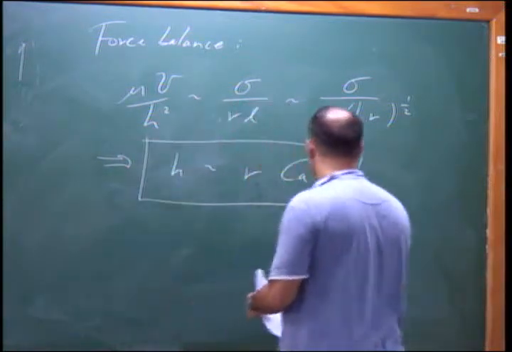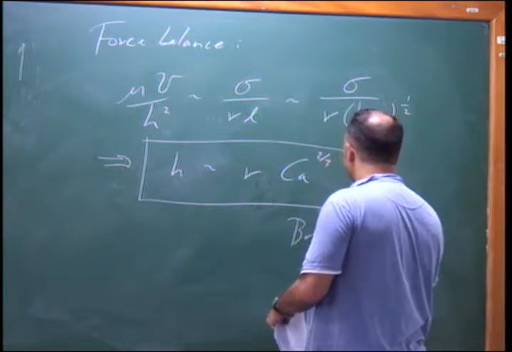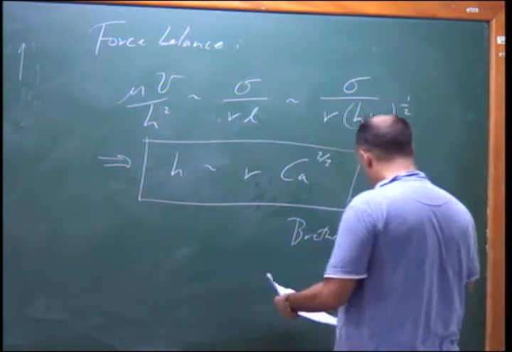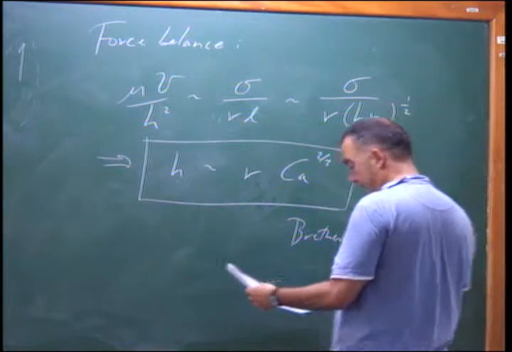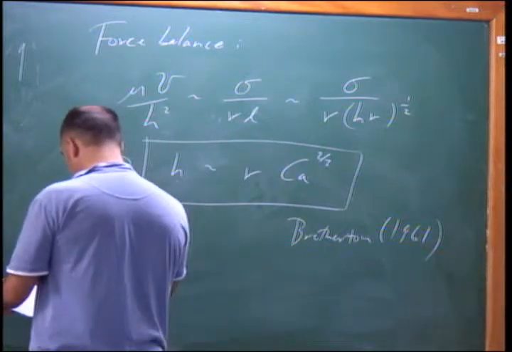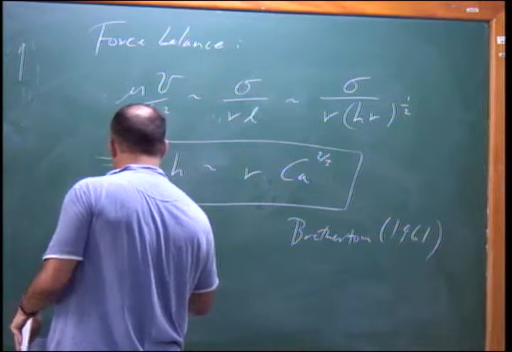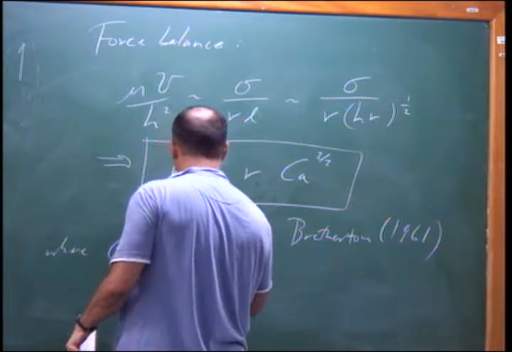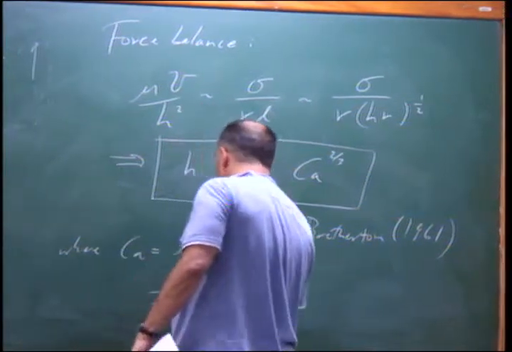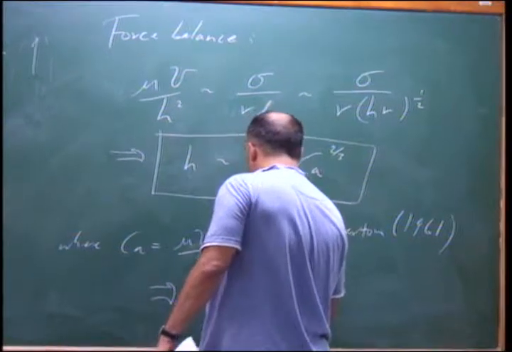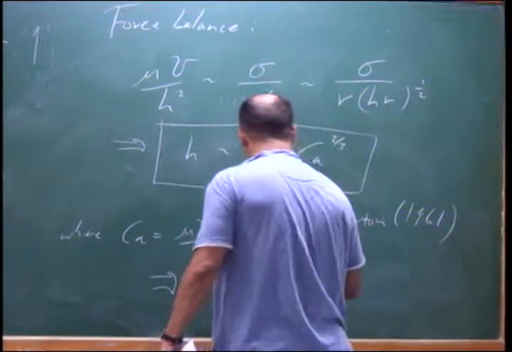So this is Bretherton. Again, C equals mu U over sigma, and this is the same scaling as on a fiber.